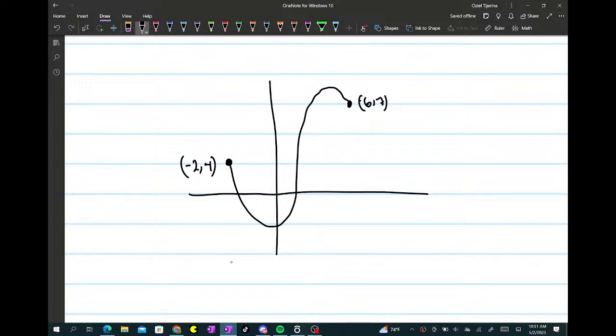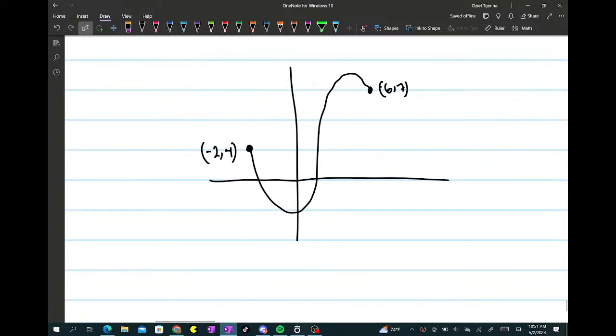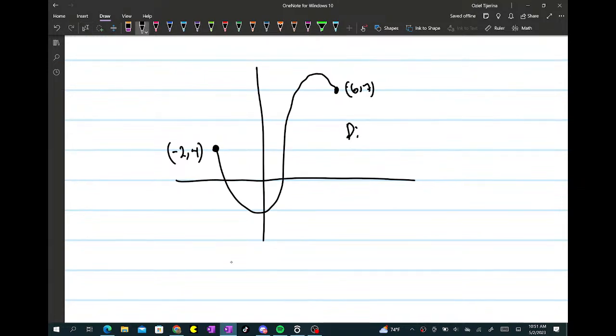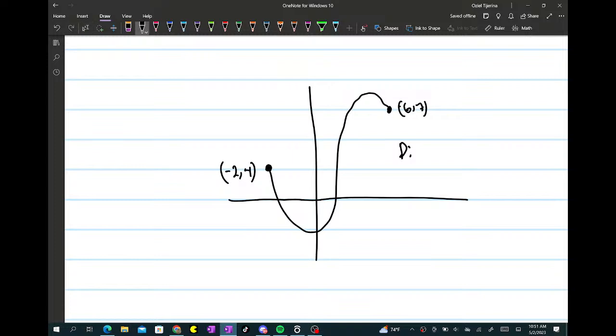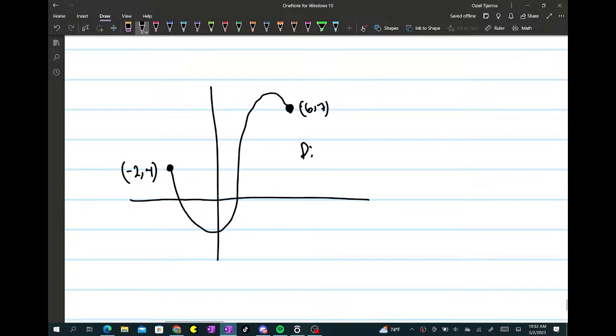And I say, what is my domain here? Well, in interval notation, it goes from negative 2 to 6, and we have this closed dot here, which means that it is included in the interval. So the domain is negative 2 less than or equal to x less than or equal to 6. In interval notation, it would be bracket negative 2 to 6.